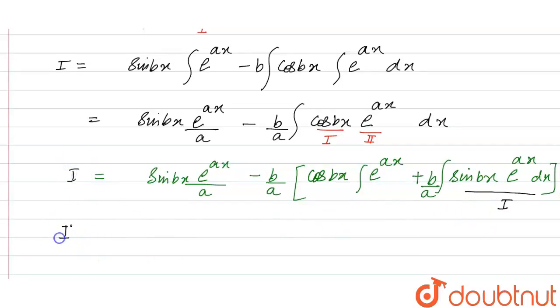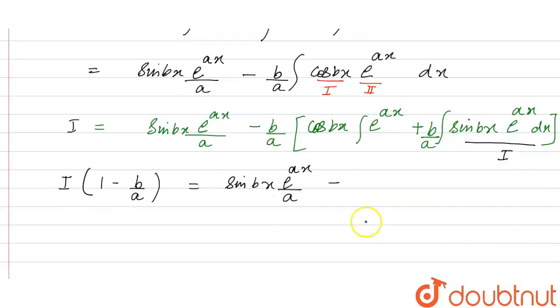Taking I common from here, we have 1 minus, here will be b by a, and we have sine bx into e raised to power ax upon a, and minus b by a, here will be cos bx, and the integral of this will be e raised to power ax upon a, because the integral of e raised to power ax is this.